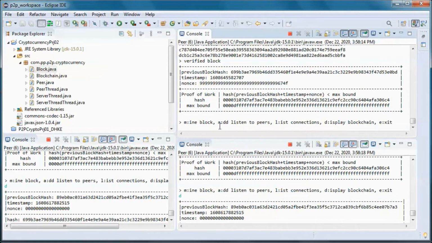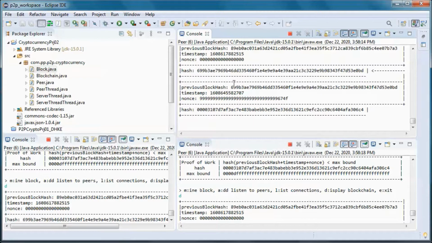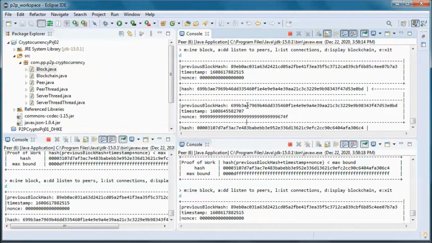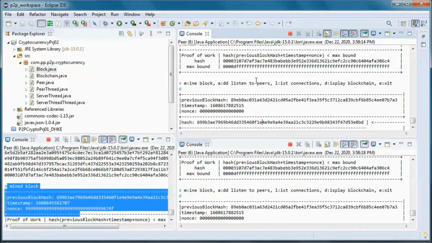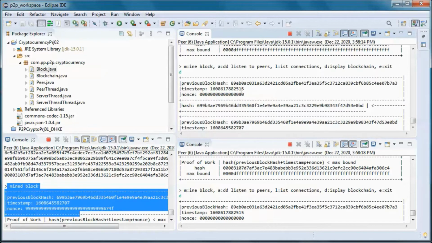And this one. So this one mined the block, and those two peers verified the mining.